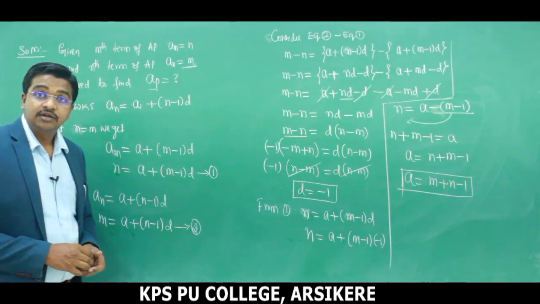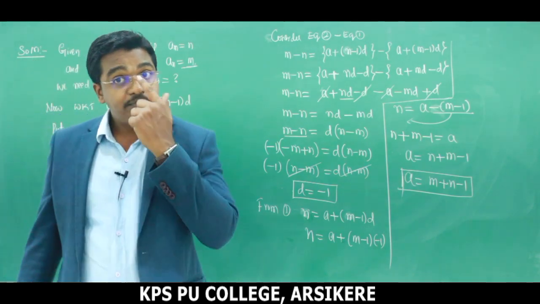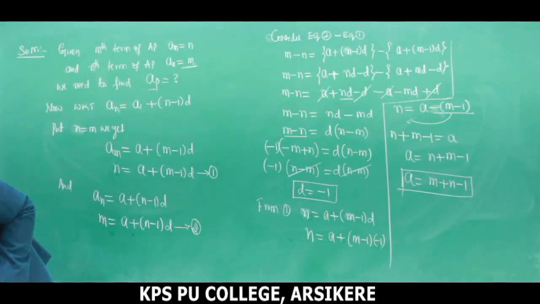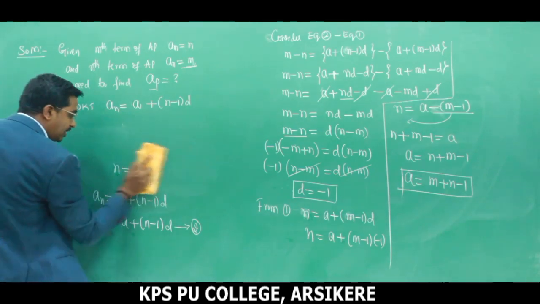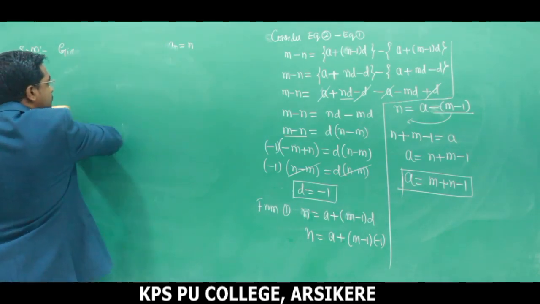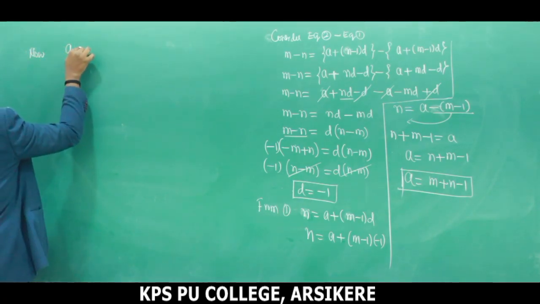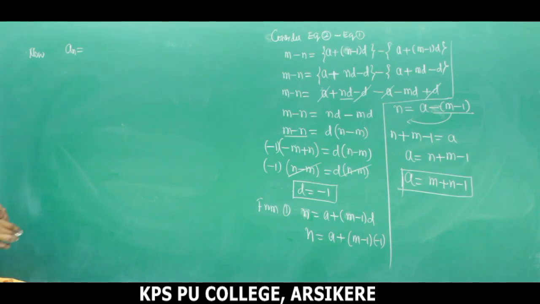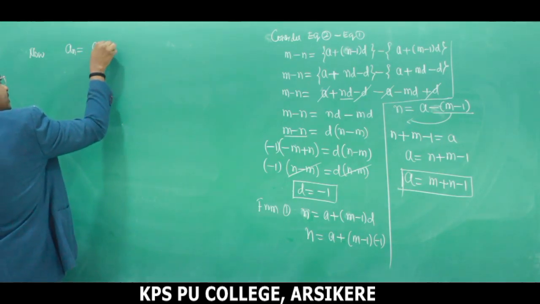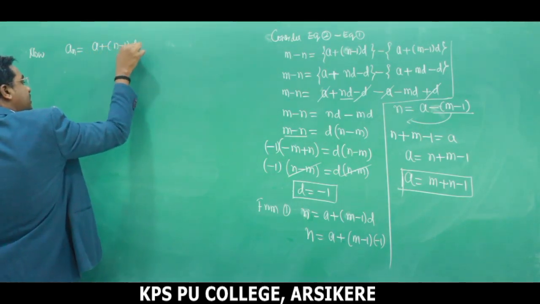Now dear students, we have to find the pth term. So now we are going to find the required answer. Now what is the nth term? Tell me the general formula. an is equal to a plus n minus 1 into d.